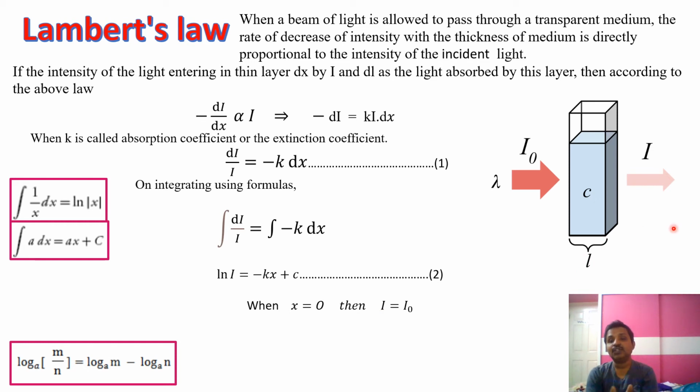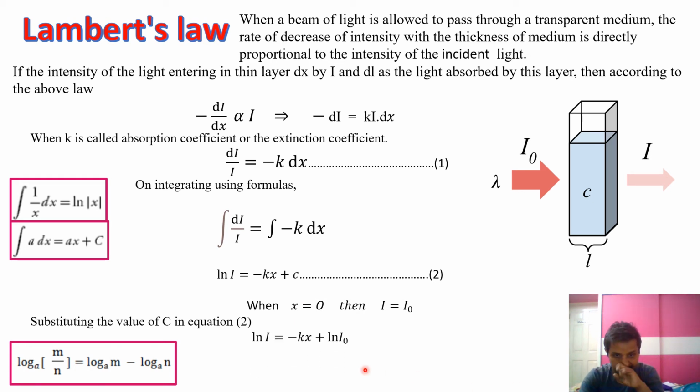Substituting this value, I equal to I naught, in equation 2, we get ln I equal to -kx plus c. With x equal to 0, the whole kx term becomes 0, and ln I is equal to ln I naught.